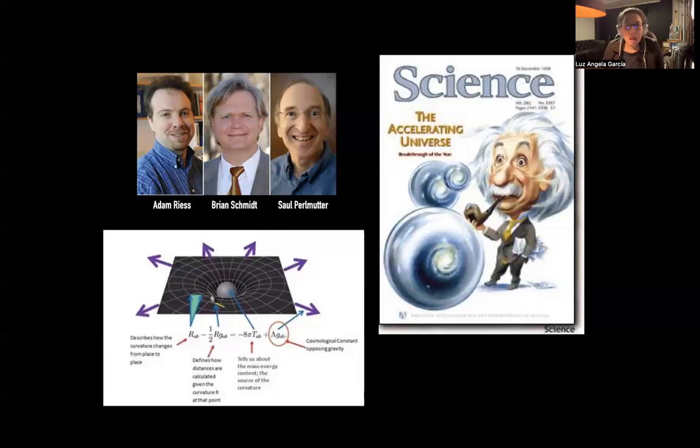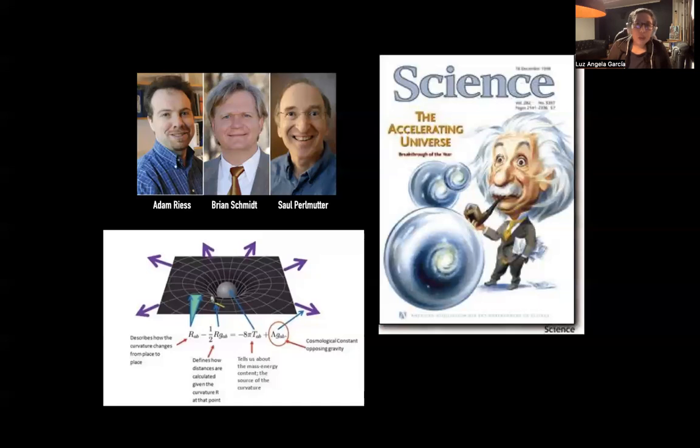But that's something I'm not going to consider. In the lambda CDM model, this dark energy is supposed to be described with something that we call the cosmological constant, and that is described with this lambda term in the equations down there.